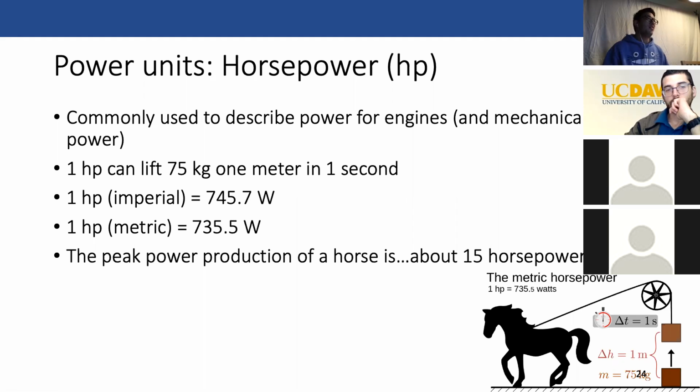It doesn't really make a difference if you're reporting things in watt hours or joules, or watts versus horsepower. But for convention's sake, for any particular application, you want to use the units that are associated with that.